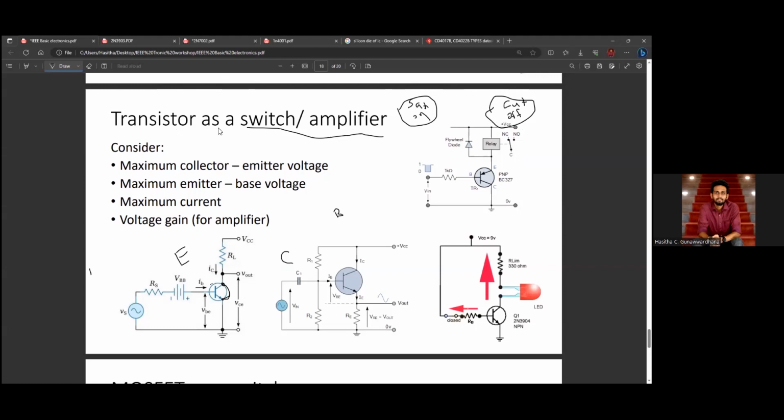If we use a transistor as an amplifier, we are using the transistor in between these two regions. If we draw a line here, we can use the transistor in this region. It is half turned on, half turned off. So there are many possibilities for a transistor.